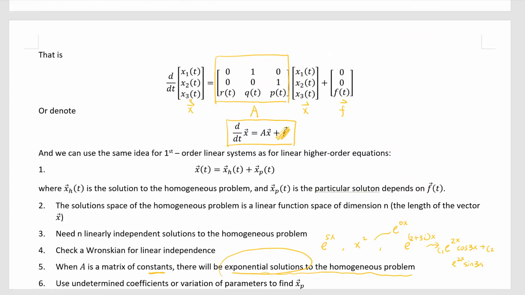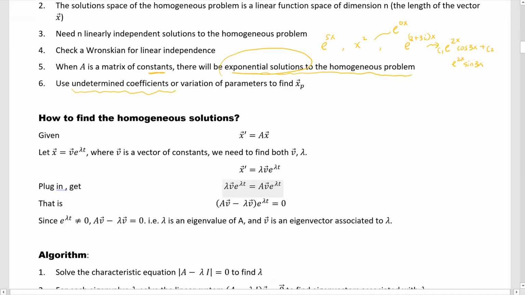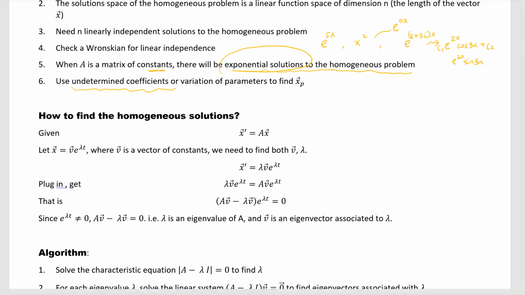Homogeneous means F is 0, so we have x prime equals A times x. We also suppose that A is only a matrix of constants. In our course, we only consider linear systems with the coefficient matrix just constants. That's why we expect our solution in terms of exponential functions.